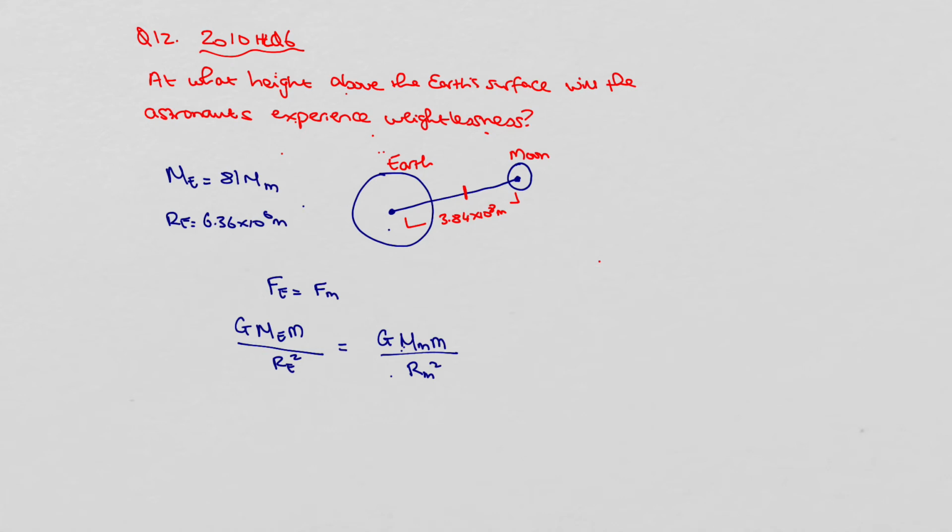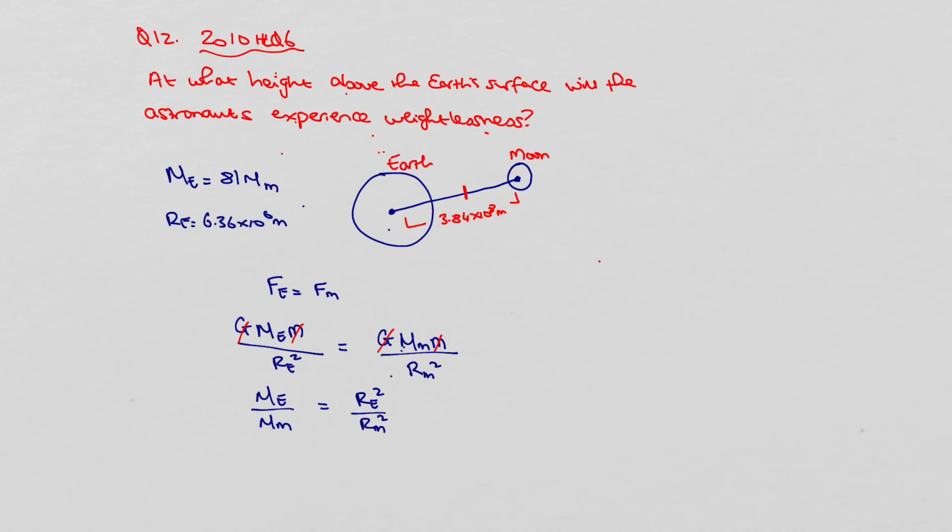So we can see that G is going to cancel, the astronaut mass will cancel, and then what we're left with is the mass of the Earth. If I divide across by the mass of the Moon, and multiply across by the distance to the Moon squared over the distance to the Earth squared.